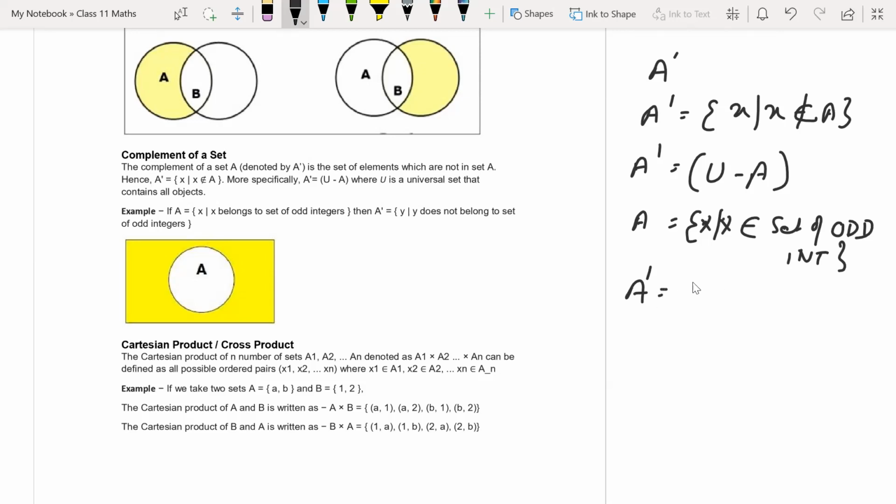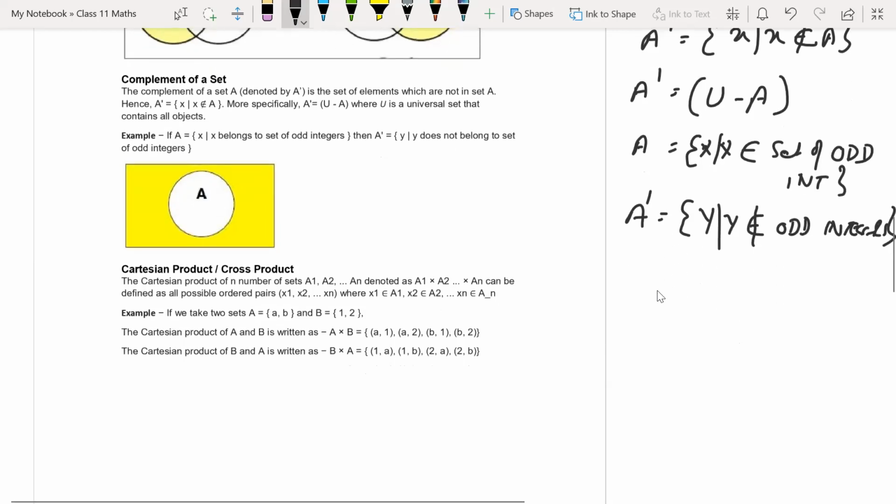A complement is the elements which don't belong to odd integers. A complement is the reverse of the set, U minus A.